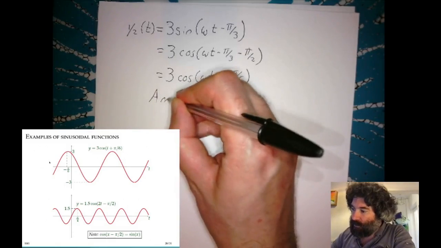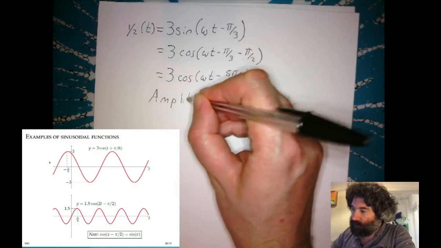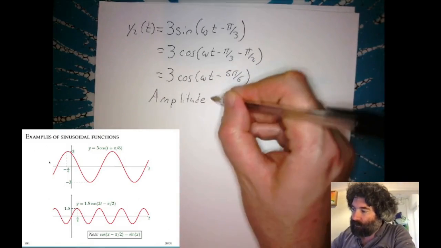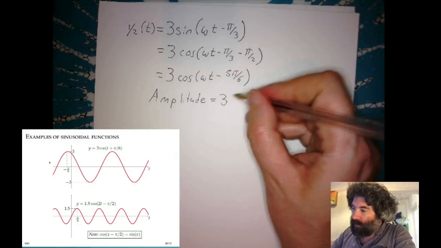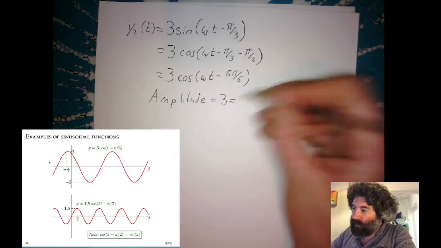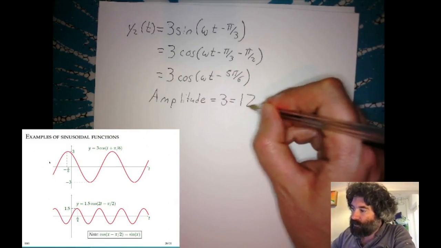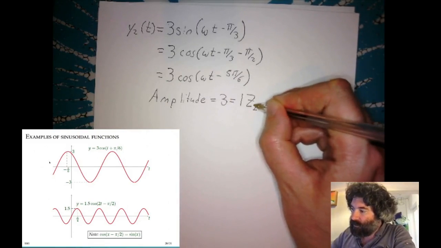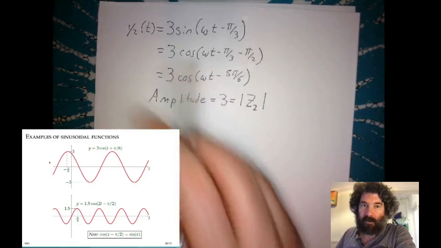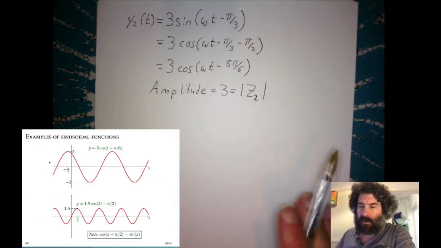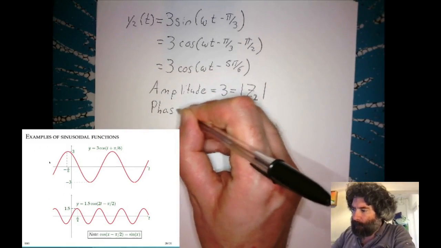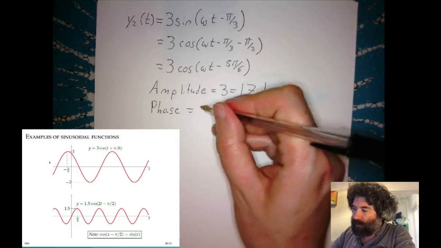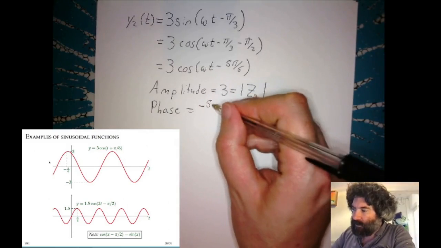The amplitude is 3. And so this is going to be the modulus of the phasor, labeled as Z2, corresponding with Y2. And then the phase of this sinusoidal function is negative 5 pi over 6.